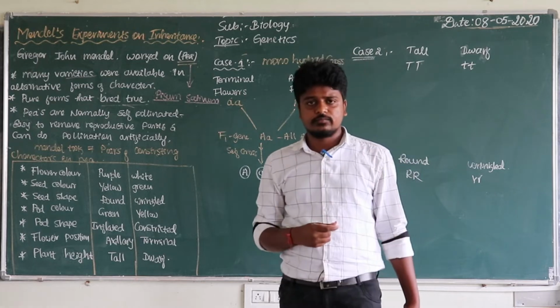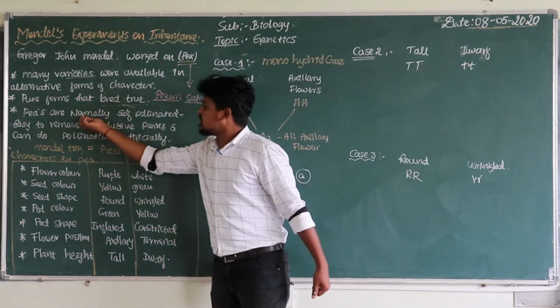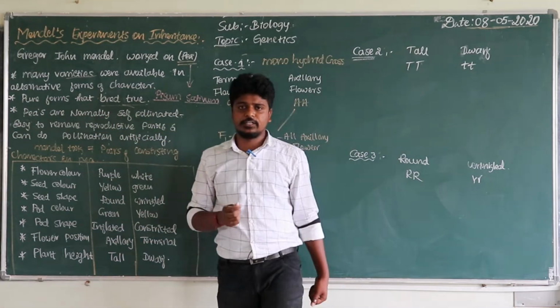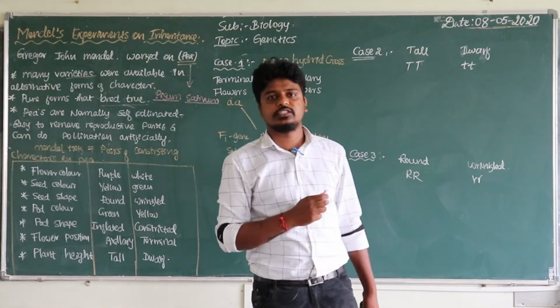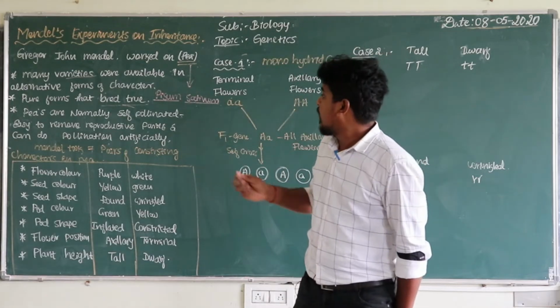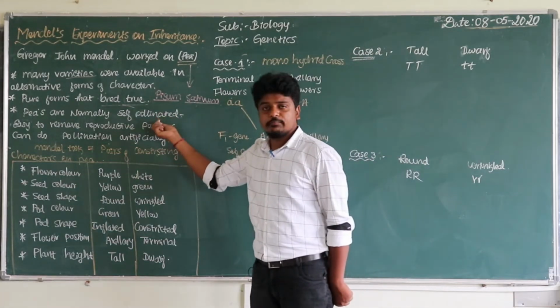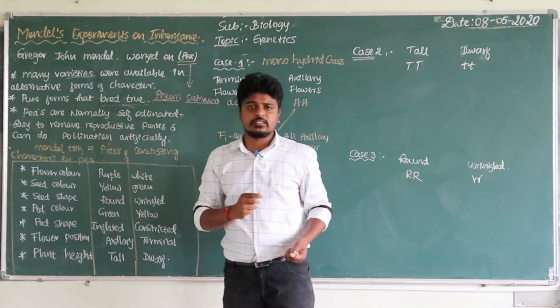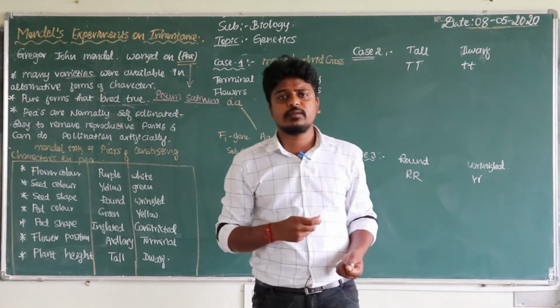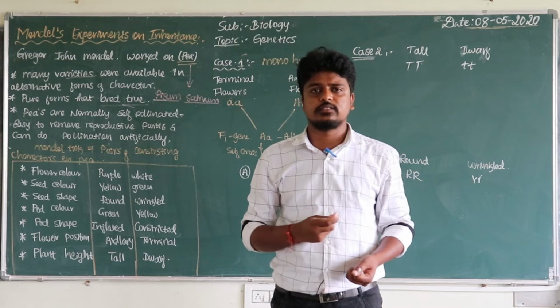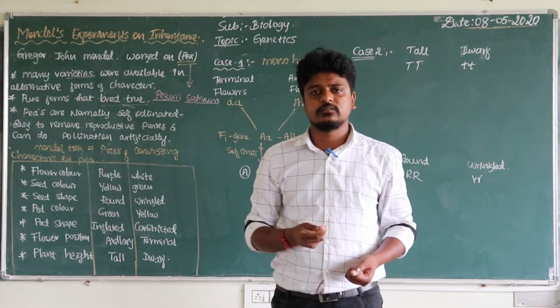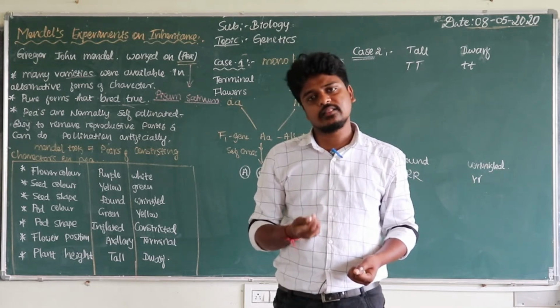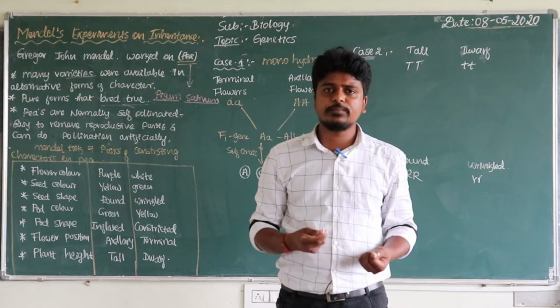You know why? Peas are normally self-pollinated. Yes, you know what self-pollination is. The pea plants are also examples of self-pollination. It is easy to remove the reproductive parts. You know the reproductive parts of the flowers. The male reproductive organs are the anthers, and the ovaries are the female reproductive parts.